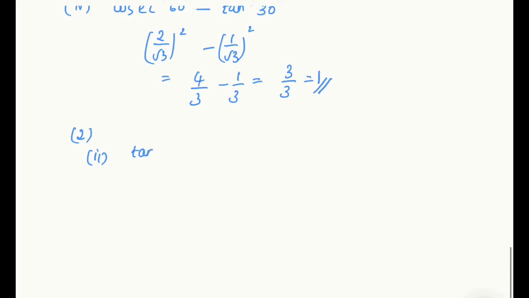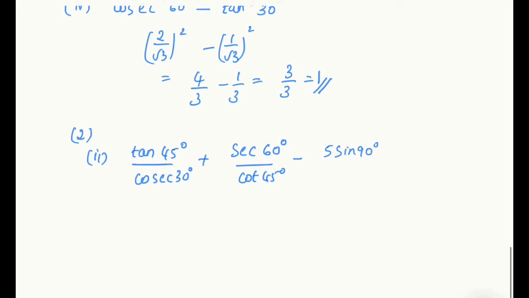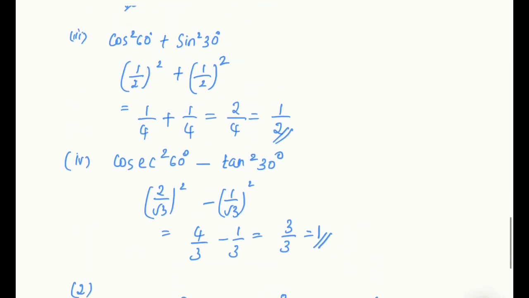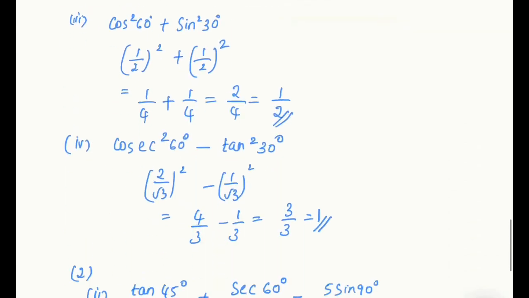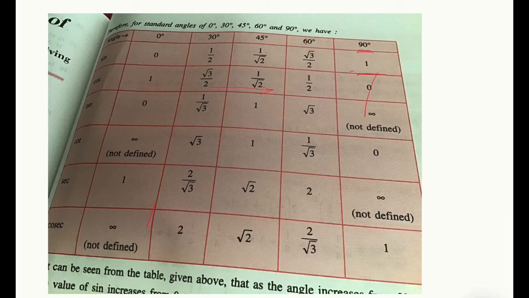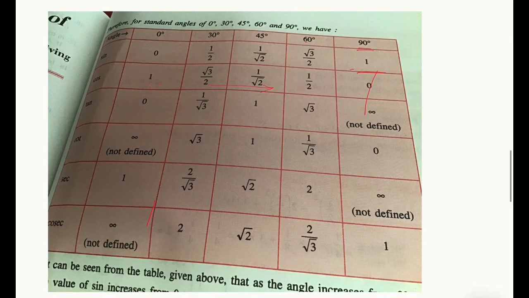Tan 45 by cosec 30 plus sec 60 by cot 45 minus 5 sin 90 degree by 2 cos 0 degree. You need to substitute for all those values. What is tan 45? Tan 45 is 1, cosec 30 degree is 2.